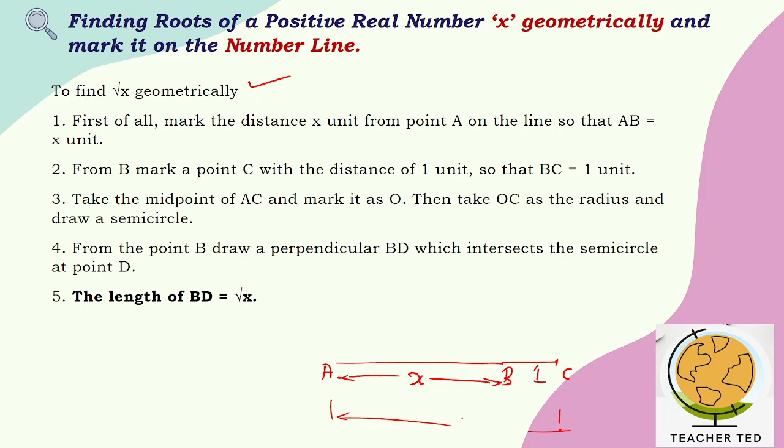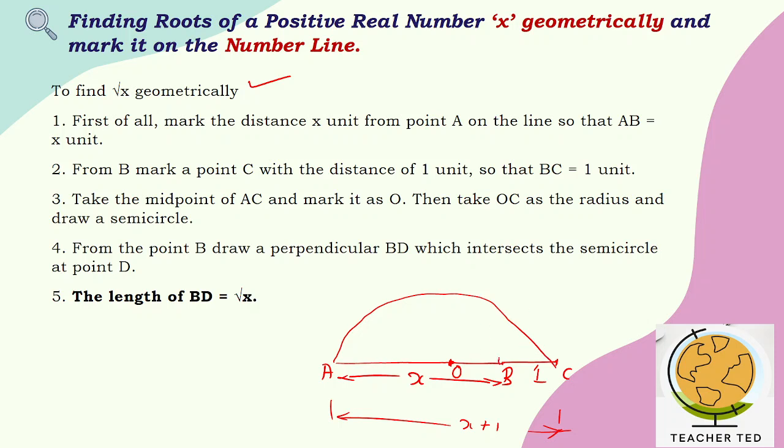If it is 10 centimeters, 10 plus 1 is 11 centimeters. Take the complete length of x plus 1 units and divide it in half, that is, you get a midpoint, O. Draw OA as a radius and draw a semicircle which completes the arc AC.